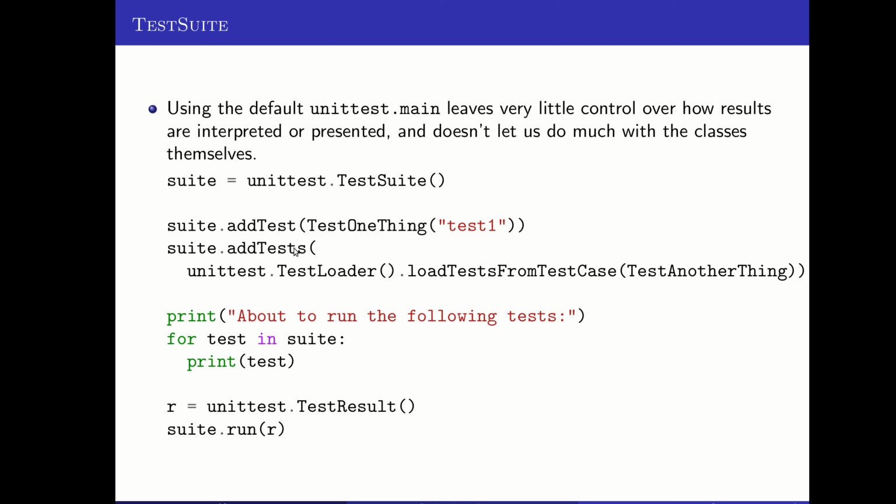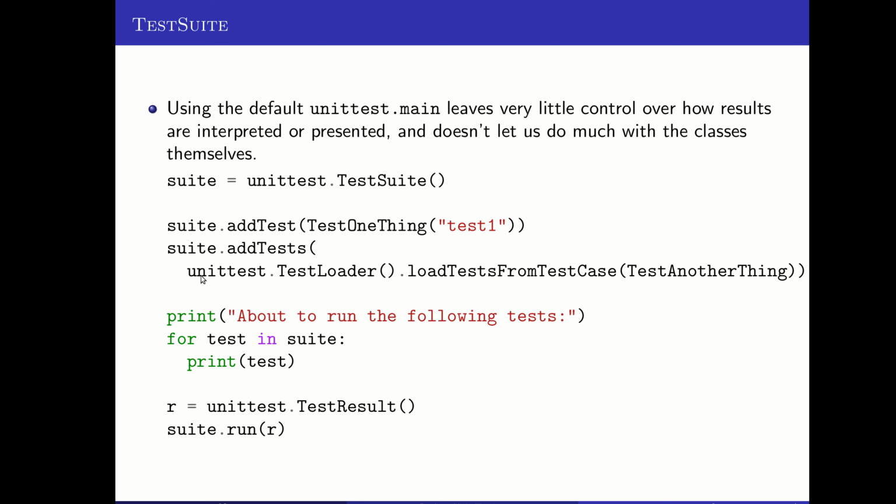And so you can add tests one function at a time this way, for instance. You also can add test case classes to the test suite as a whole. Then we can also load tests from some test case class.